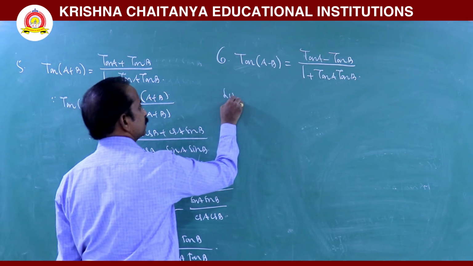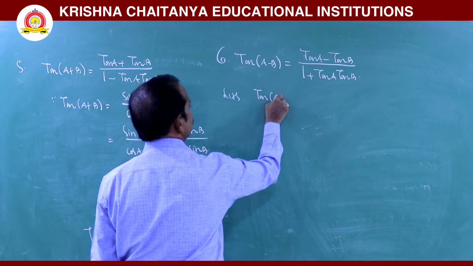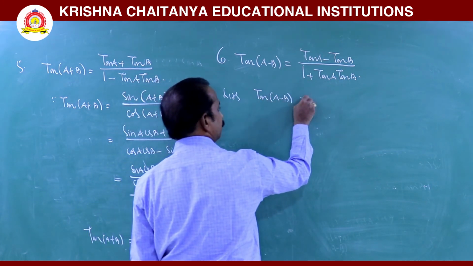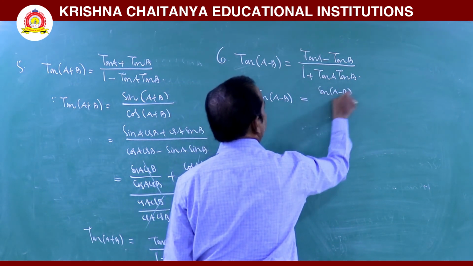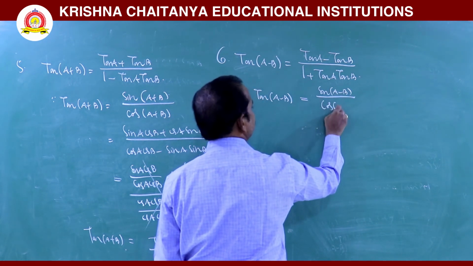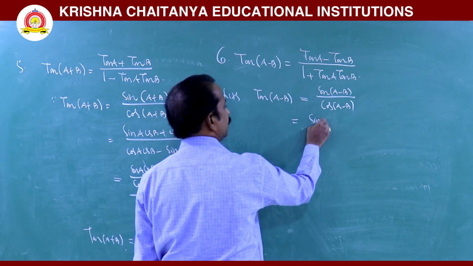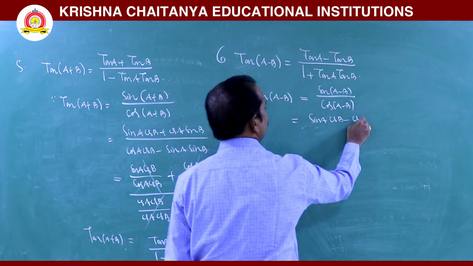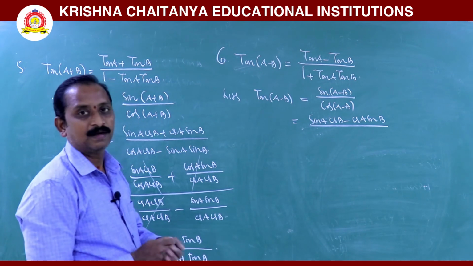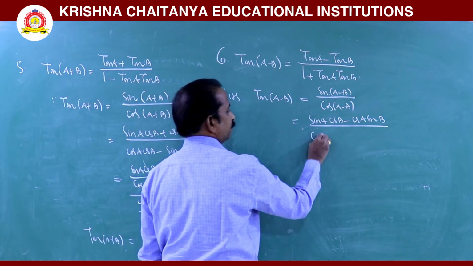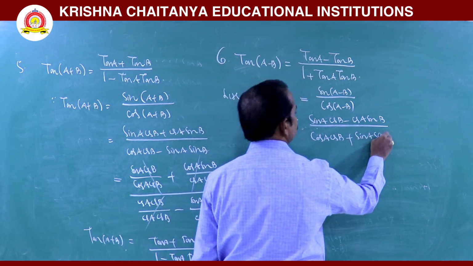Consider LHS, tan of A minus B. Can I write tan of A minus B as sin of A minus B divided by cos of A minus B? We know the sin of A minus B formula: sin A into cos B minus cos A into sin B, whole divided by cos of A minus B. Cos of A minus B is nothing but cos A cos B plus sin A sin B.